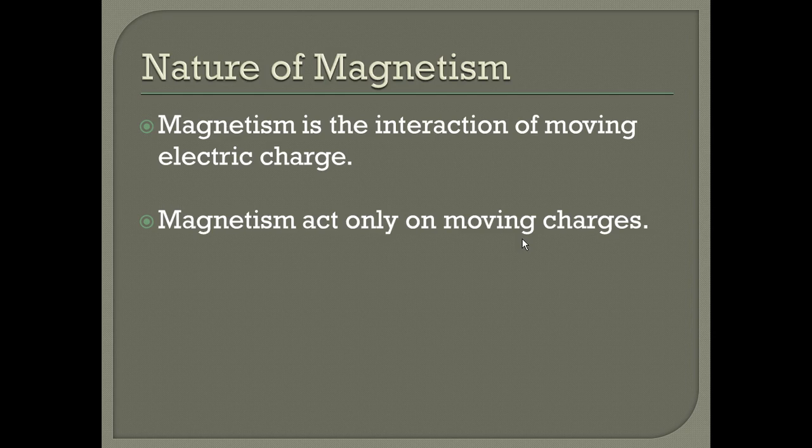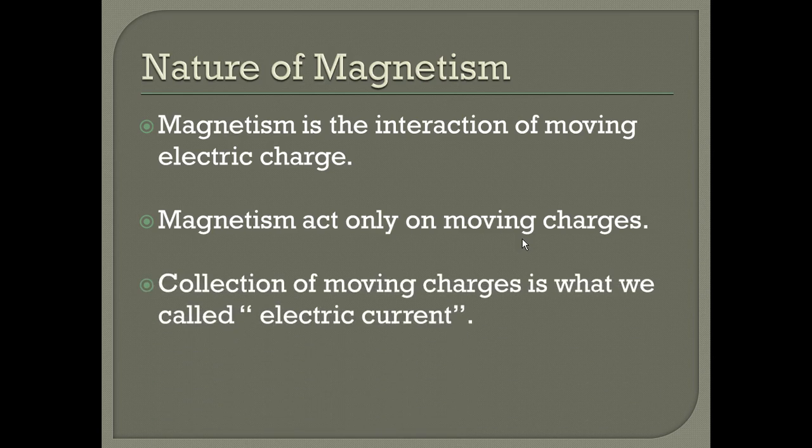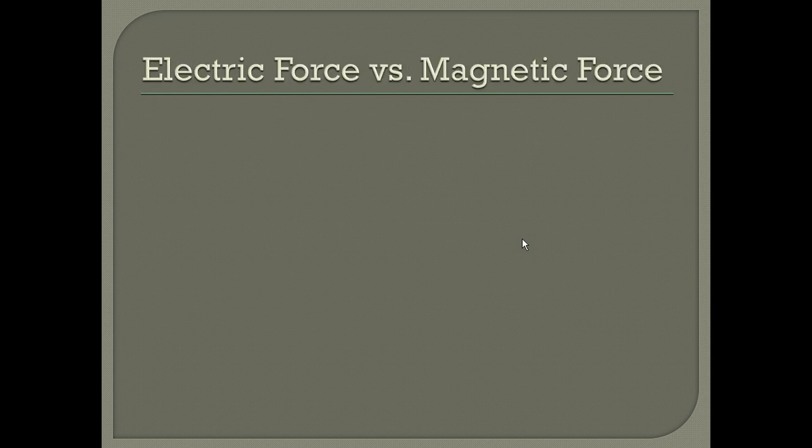So this means if we set up charges that are at rest with respect to each other, they will not exhibit any magnetic interaction. Okay, so the collection of moving charges is what we call electric current, as we already know at this point.